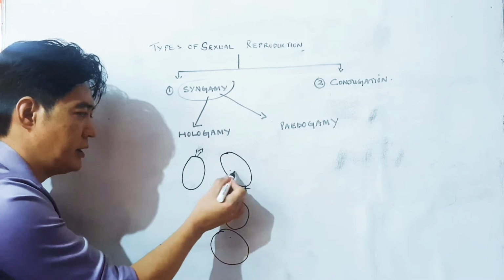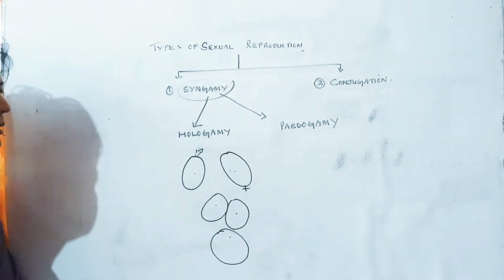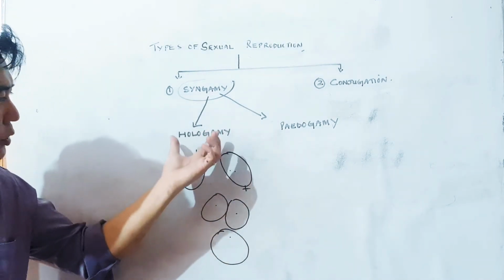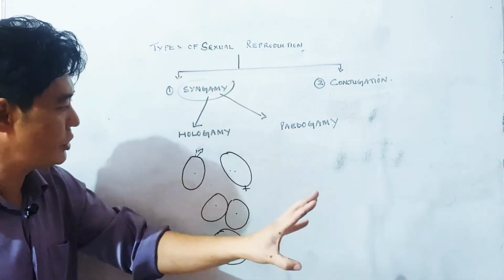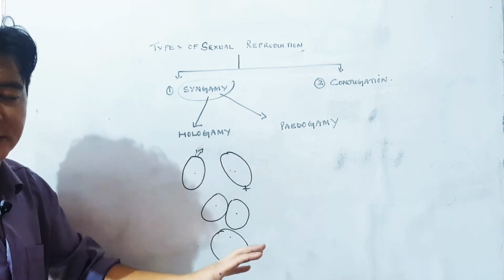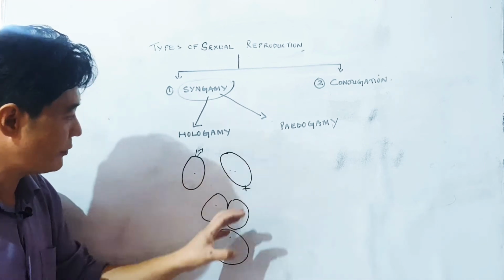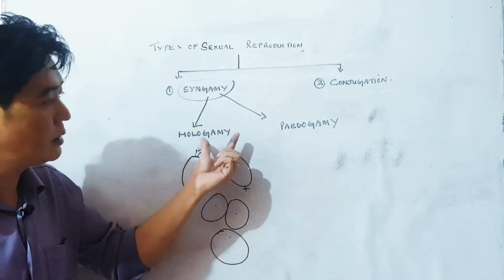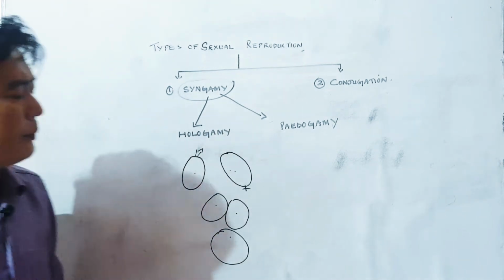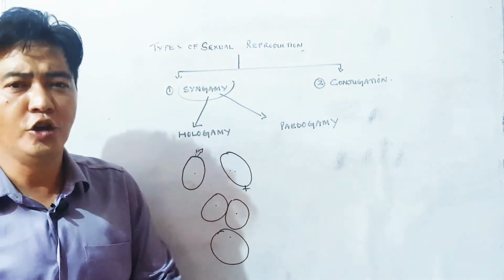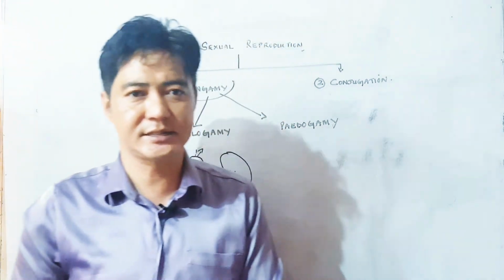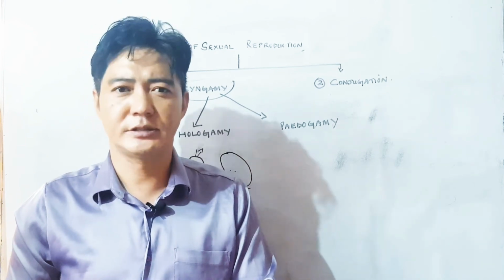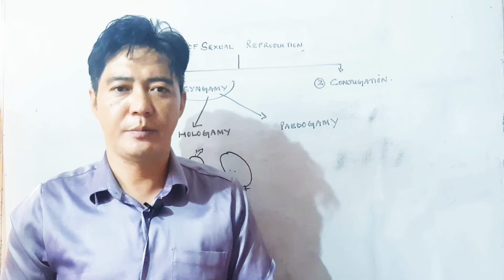So, in this case, you have found that the whole mature individual acts as a gamete. Such type of sexual reproduction is known as hologamy. In case of pedogamy, young ones or the young cells reproduce.